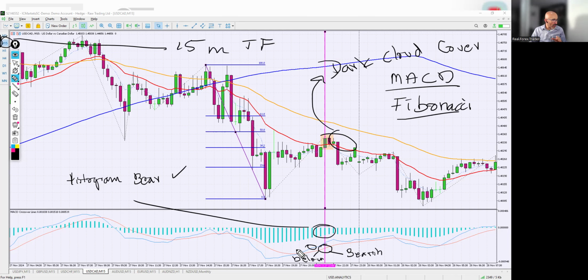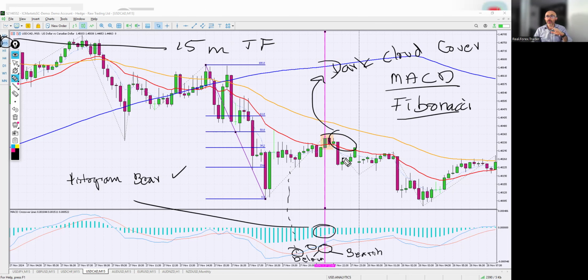Minutes before, around this point here, there was a shift and a cross in the direction of the lines of the MACD. That is indicating a potential trend reversal. And in fact, it happened later on when our dark cloud appeared.